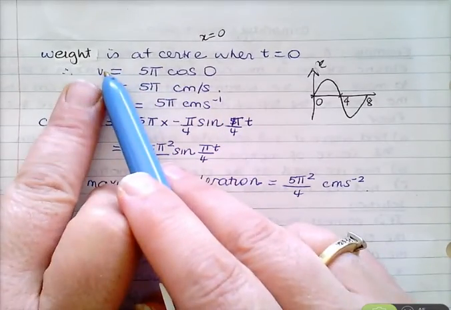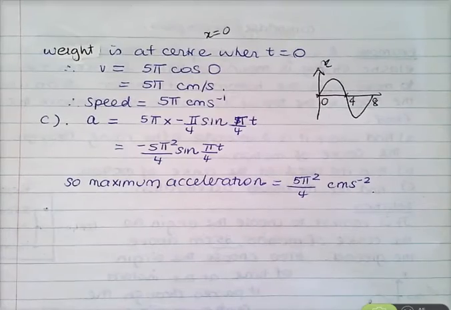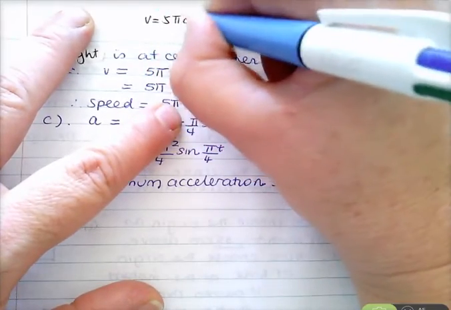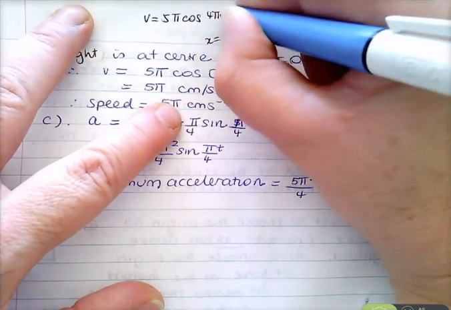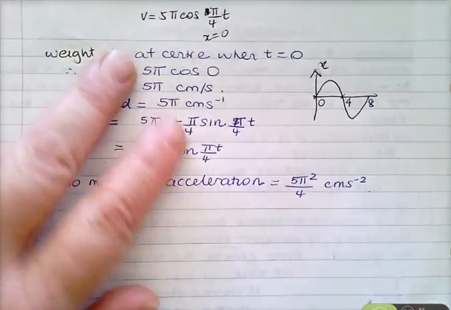So therefore the velocity, we know that velocity is 5 pi cos pi on 4t. That's our equation for velocity.